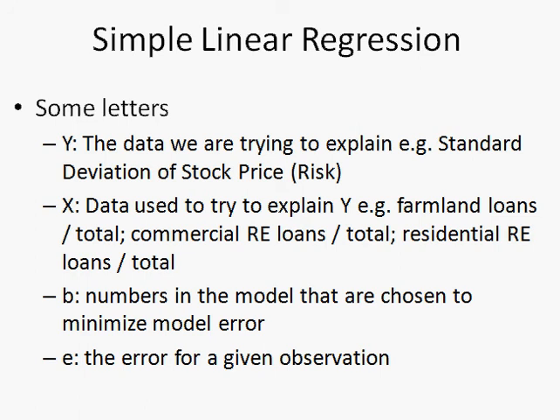So if I think about, well, what if my risk level was 10 and my B is 1 and my X was 5? Well, then 5 times 1 would be 5, so my prediction for Y would have been 5, but instead it was actually 10, so I was off by 5. So error would be 5, B would be 1, X would be 5, Y would be 10.